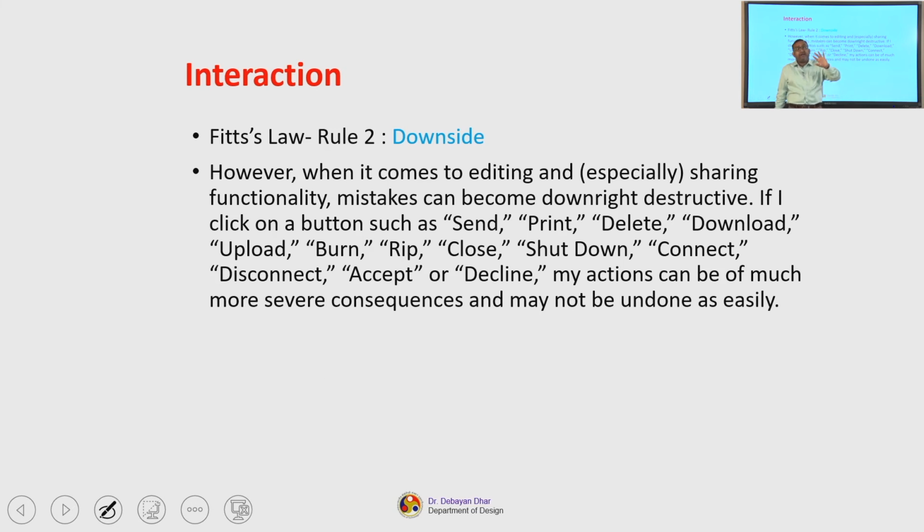However, when it comes to editing and especially sharing functionality, mistakes can become destructive. Now, if I click a button such as send, print, delete, download, upload, burn, rip, close, shut down, connect, disconnect, accept or decline, many actions can have much more severe consequences and may not be undone as easily.